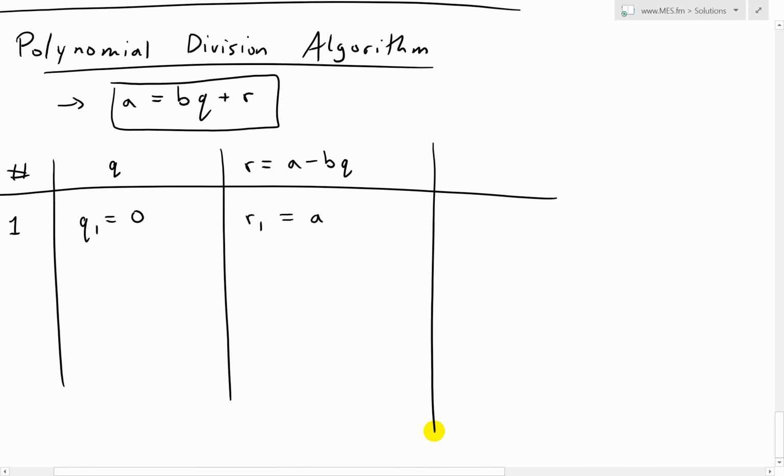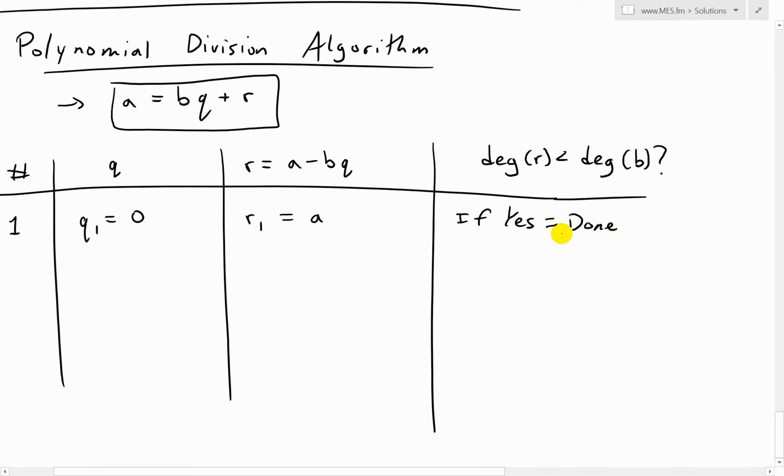And then the next column here is we check if the degree of R is less than the degree of B right here. Is it? I'll put a question mark over there. If yes, it is, then we're done, and we just put that done.